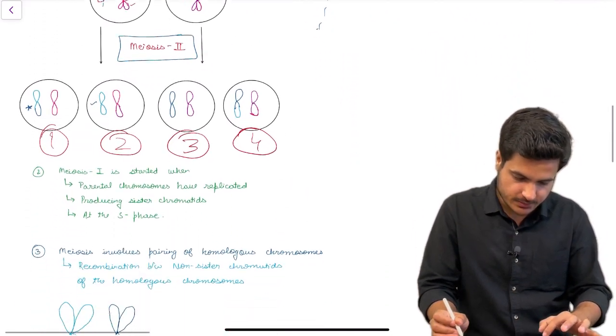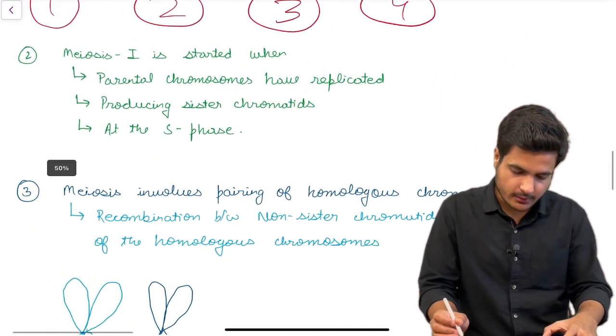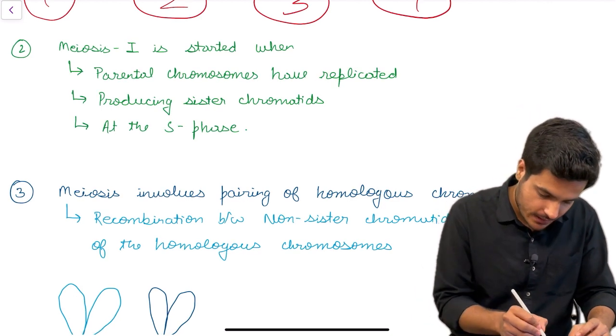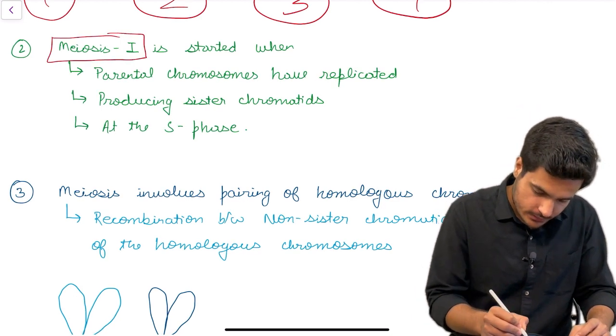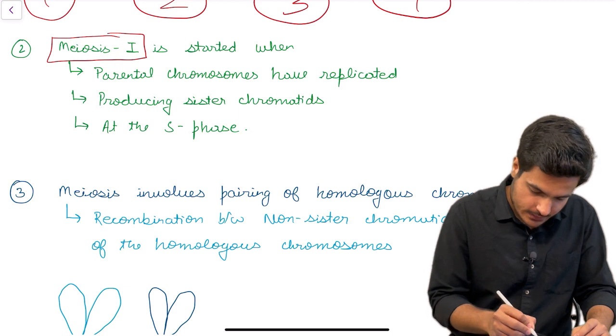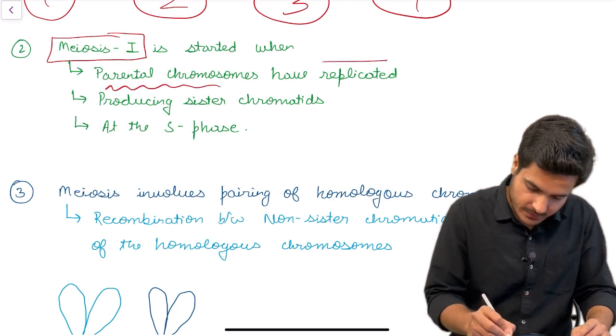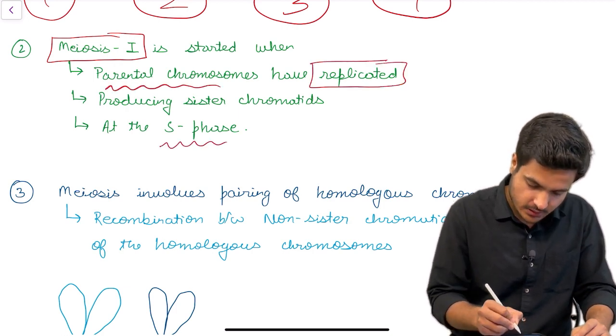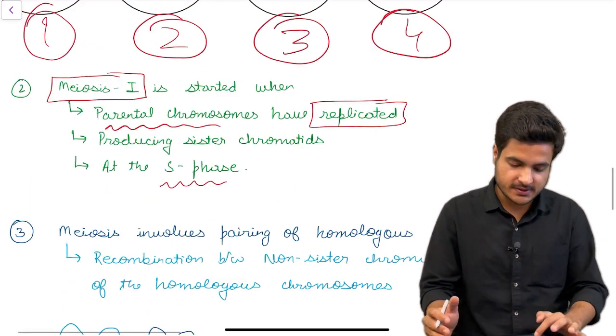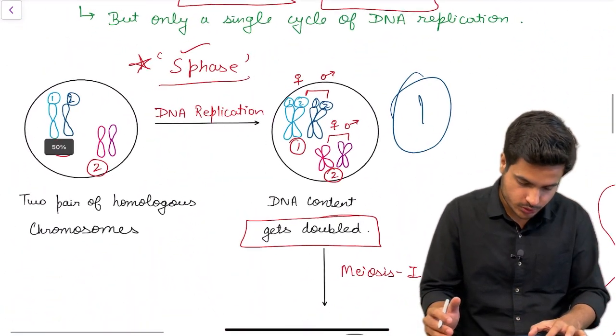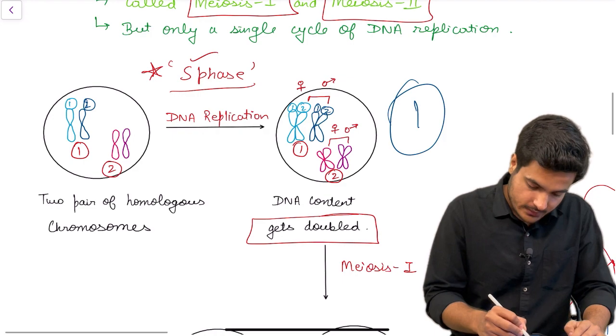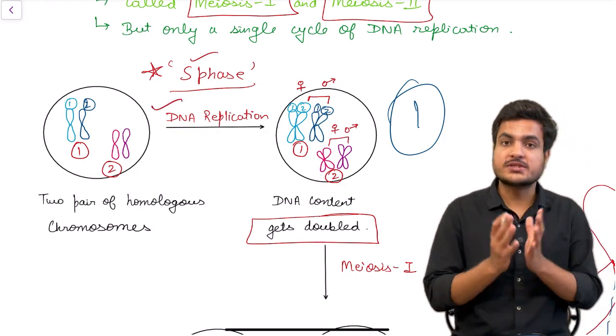So this was meiosis 1 and 2. Now let's see what is happening in meiosis 1. When meiosis 1 starts, the parental chromosomes have replicated in the S phase, and after replication in the S phase, as in the first diagram I showed you, DNA replication results in the formation of sister chromatids.